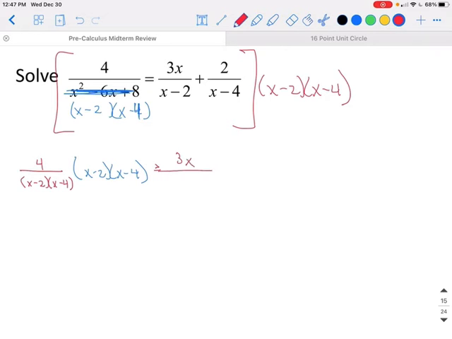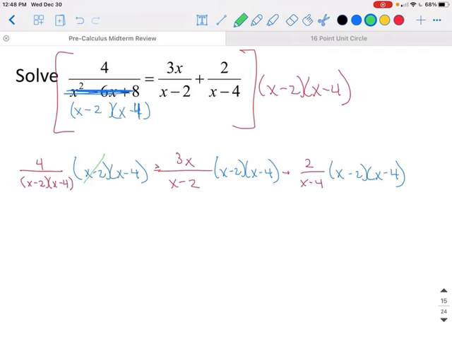We have 3x over x minus 2, and we can multiply that by x minus 2, x minus 4. We have 2 over x minus 4, and we can multiply that by x minus 2, x minus 4.